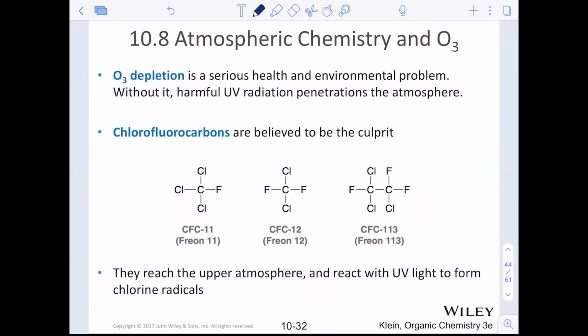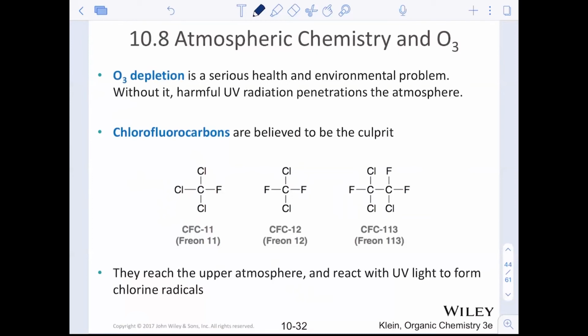However, ozone depletion is a serious health and environmental problem. Without ozone, the UV radiation would penetrate our atmosphere and wreak havoc on everything. One of the main contributors that is believed to be a culprit is the use of chlorofluorocarbons, CFCs. Now you can find these most often if you ever have seen aerosol cans, whether that's hairspray or paint spray bottles.